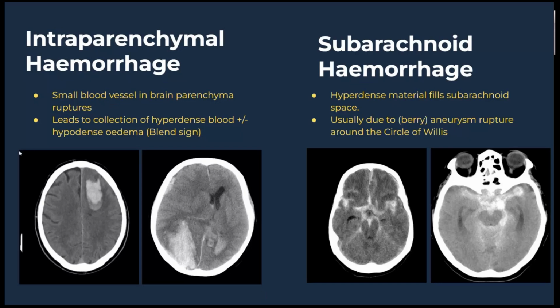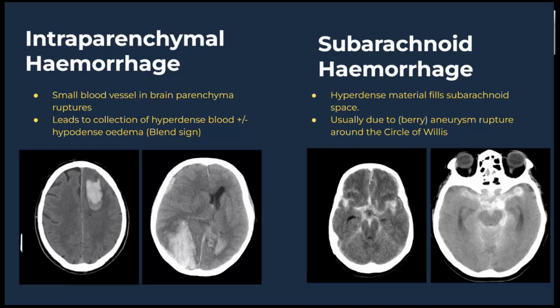On the first image, it's within the left cerebrum. And you can see it's surrounded by a hypodense region just below, and this is known as blend sign. So it's basically you've got your hyperdense blood surrounded by your hypodense edema.